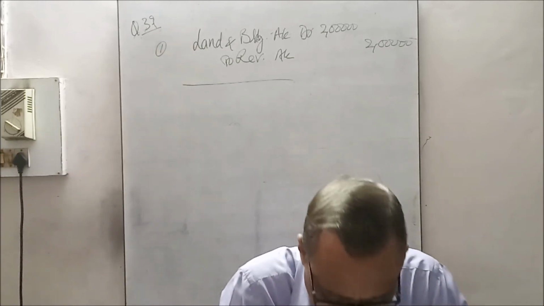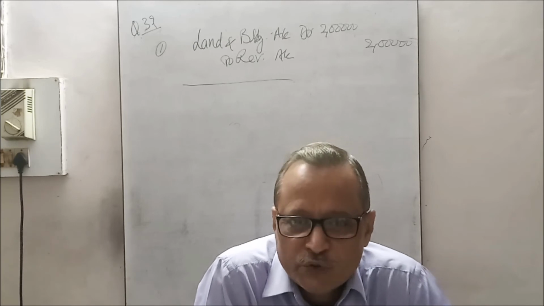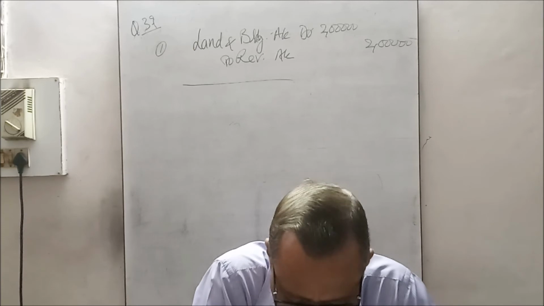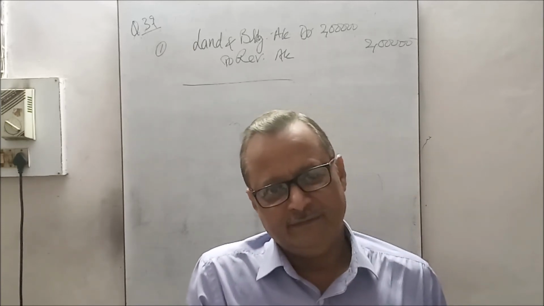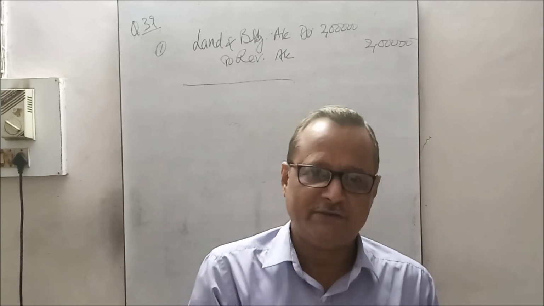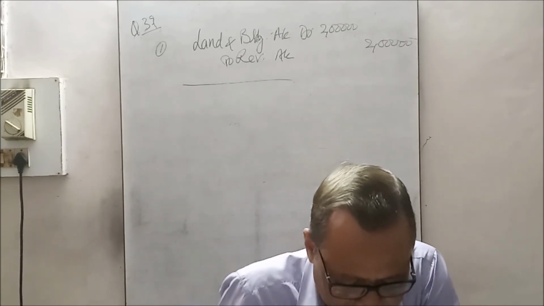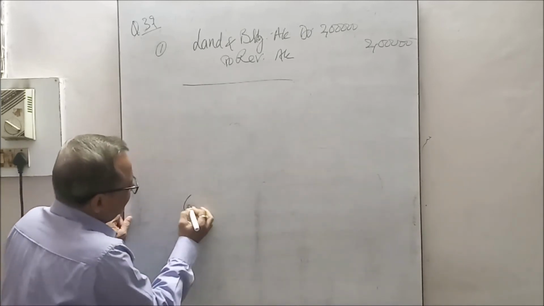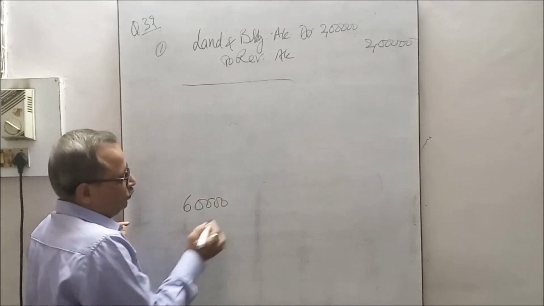Second, stock is overvalued by 20%. This was overvalued by 20% and the book value of the stock is 60,000. Now how will you calculate it? Simple. See, 60,000 includes the 20% increased value.